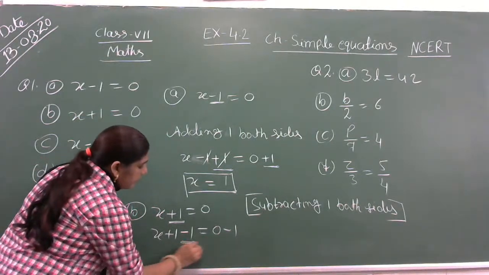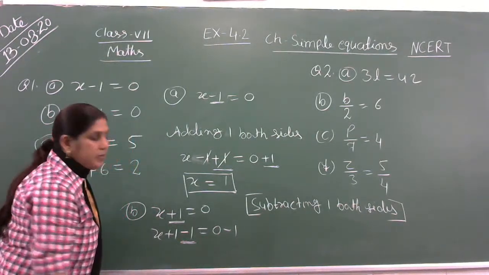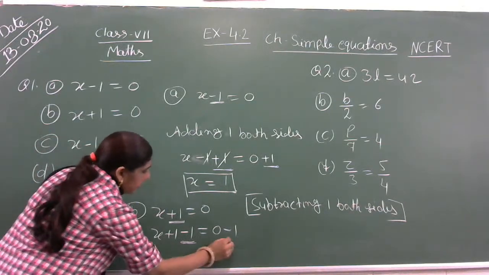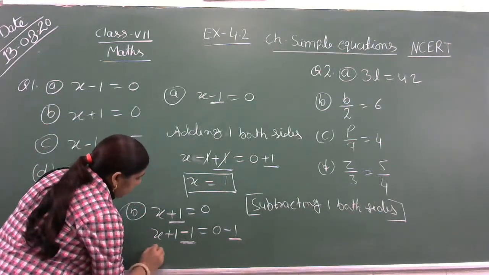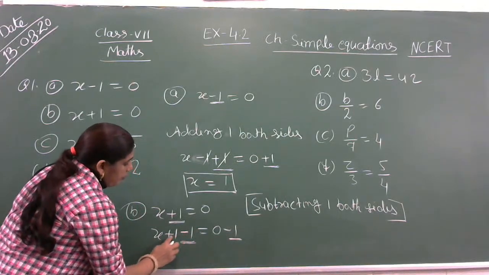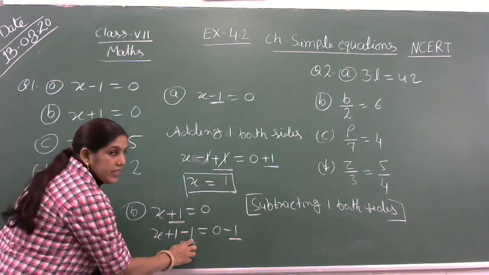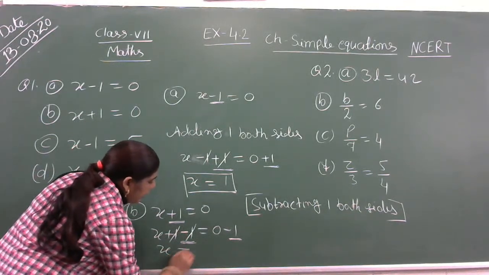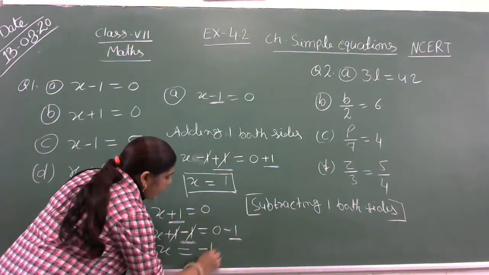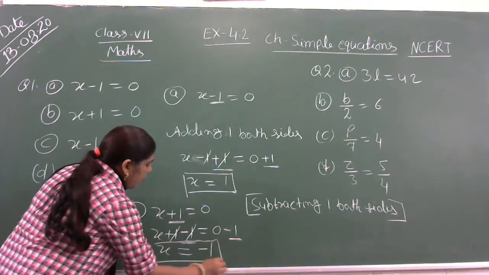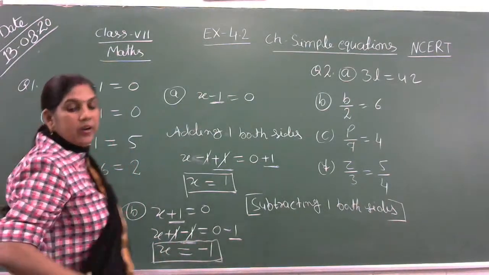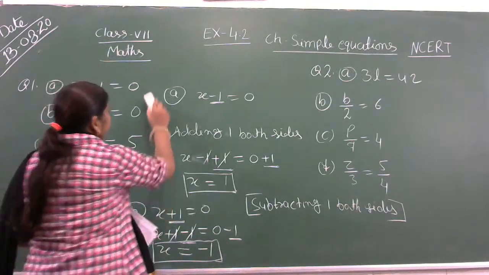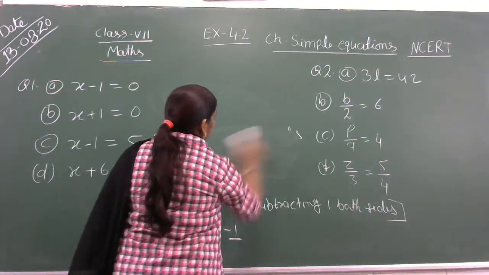Both sides we have to subtract, here and here. Now plus 1 and minus 1 cancel. You will get x equals minus 1. This is your answer. Now moving on to the next part of question number 1.